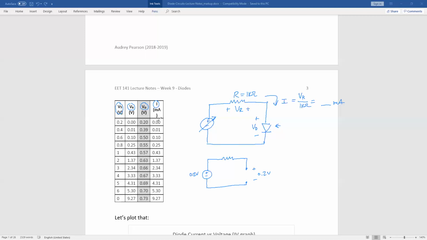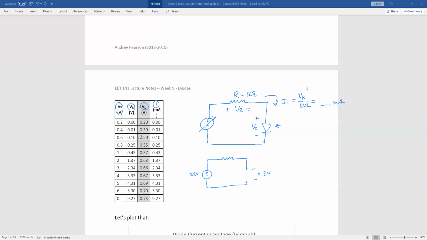It's acting like an open circuit at this point, no current flow, so we're going to see 0 current. And that's going to pretty much continue up until we get to 0.5, 0.7, 0.8 volts. We're going to start to see a little bit of a trickle of current, but nothing really significant until we get to about the 0.7 volts mark.